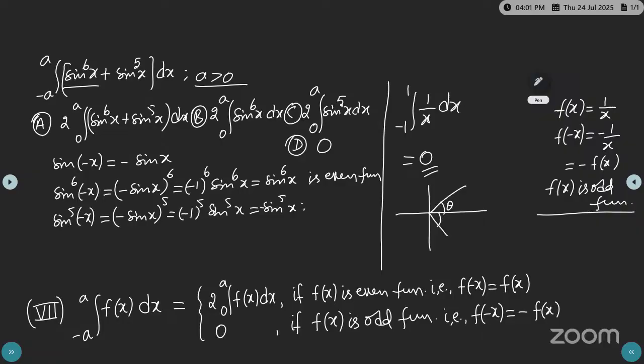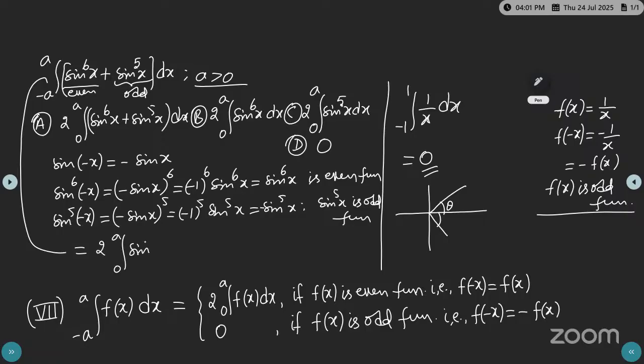So sin power 5x is an odd function. This is even, this is odd. So this equals 2 into integral 0 to a of sin power 6x dx. For odd it is 0. This is the answer.